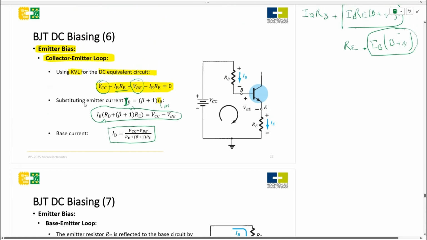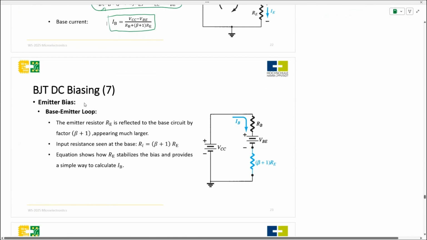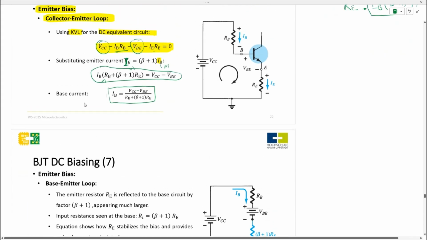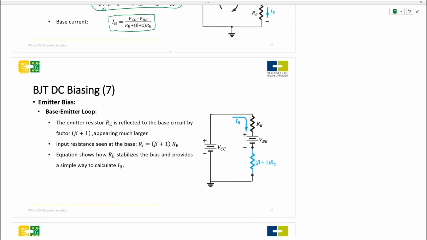We can continue now. So this is our RE, IE. We know IE equals beta plus 1 IB. Then we go to the base emitter loop. This is our emitter bias, and this is our base emitter loop.